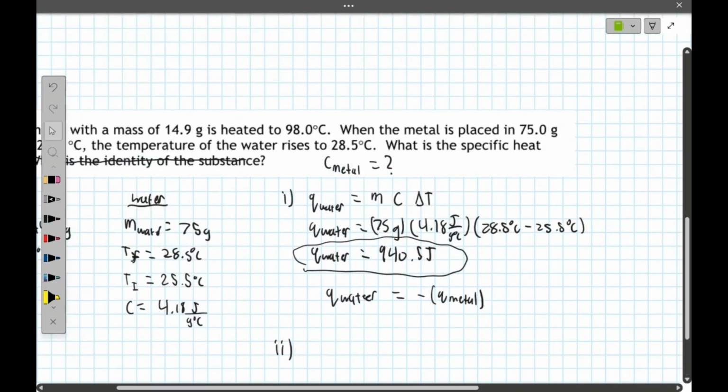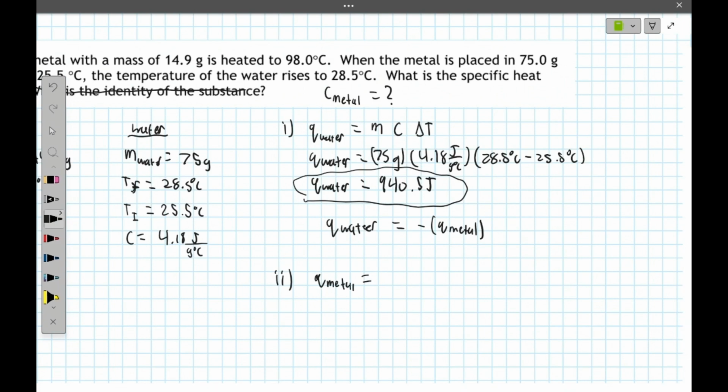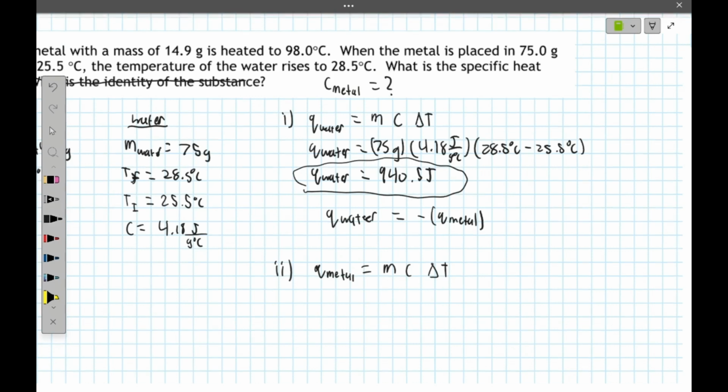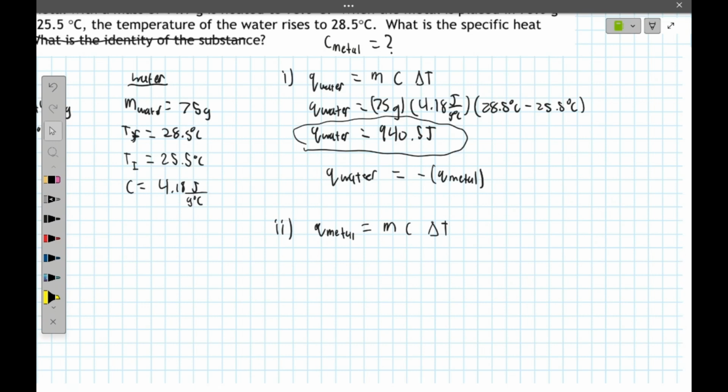So Q metal is equal to M C change in T. Okay, so now since we know all information, all we have to do is isolate for the specific heat capacity.